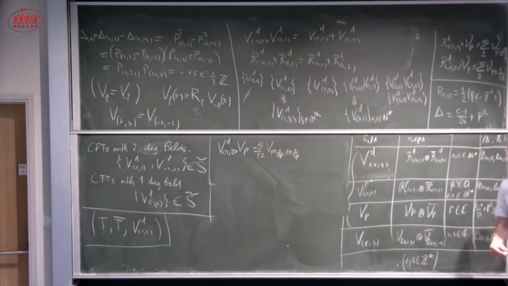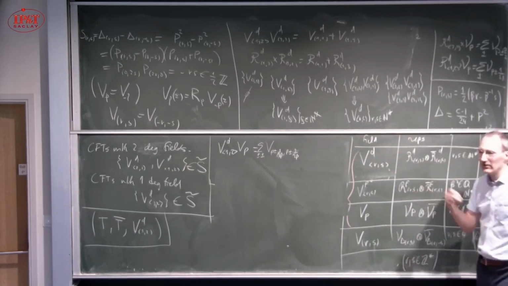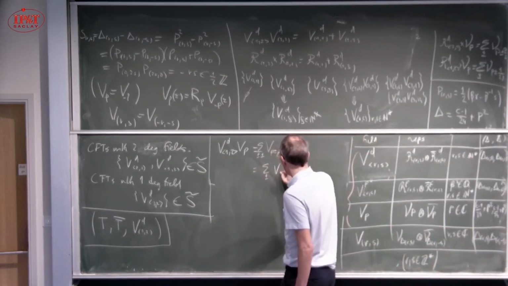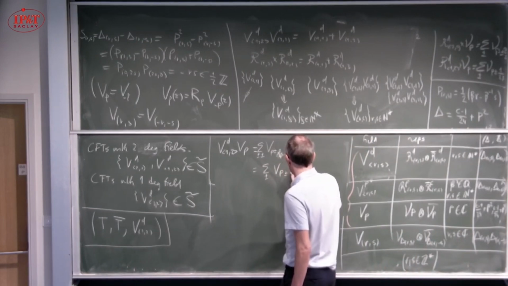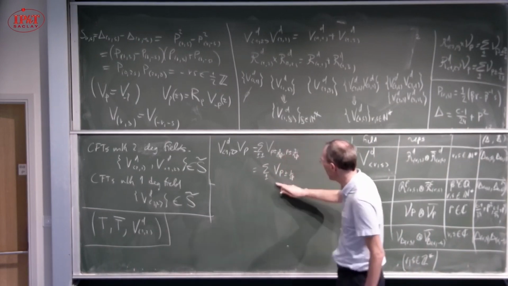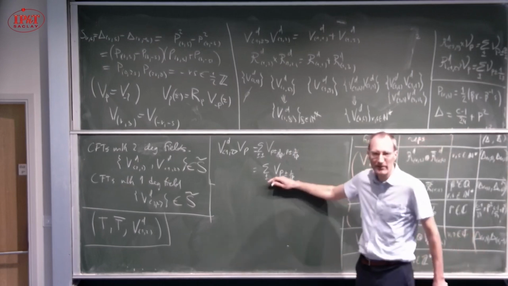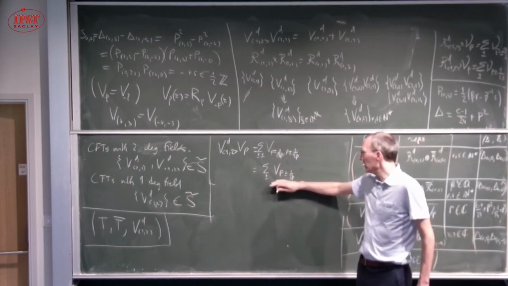But now I have to look at the conformal spins of these fields. First, I have fields which are themselves diagonal, Vp plus or minus 1 over 2B. By this, I mean one of these fields with the same dimension on the left and on the right, in which case I have no problem. The spin is 0.